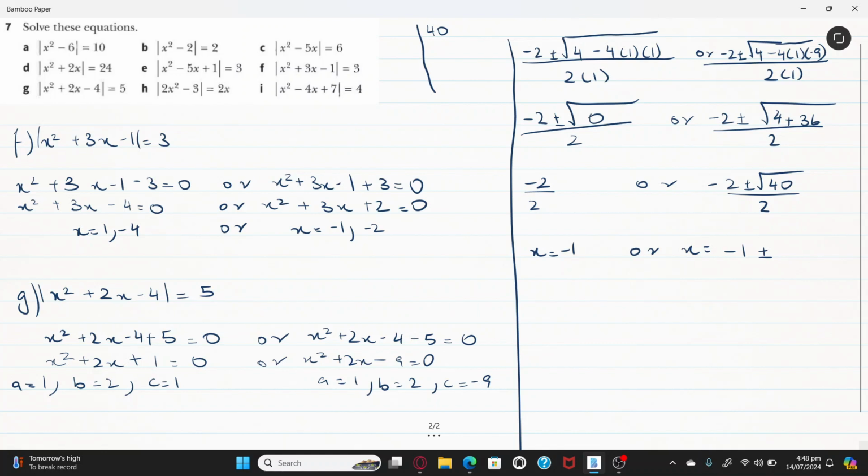So in order to simplify this surd, what we are going to do is take the LCM of 40. 2 twos are 4, 2 tens are 20, 2 fives are 10, and 5 ones are 5. Again, we check the common factors of 2.